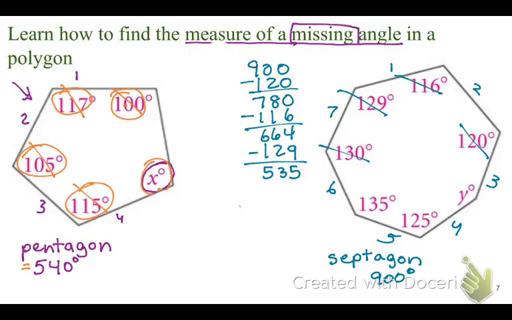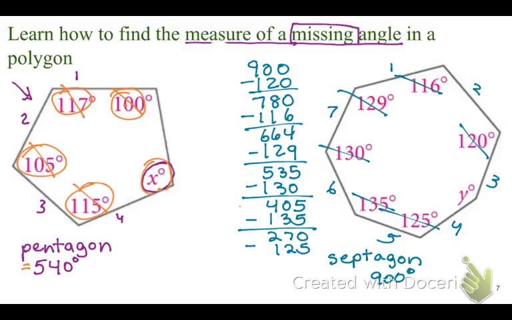Then we subtract 130, and we get 405. We subtract 135, we get 270. Then we subtract 125, and we come up with 145. So my y is equal to 145 degrees.